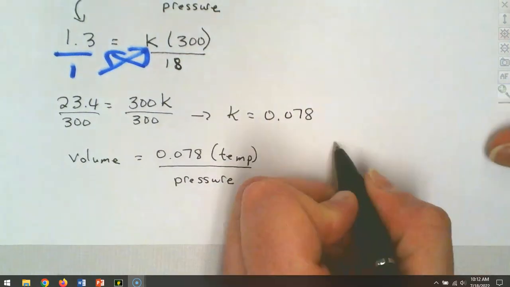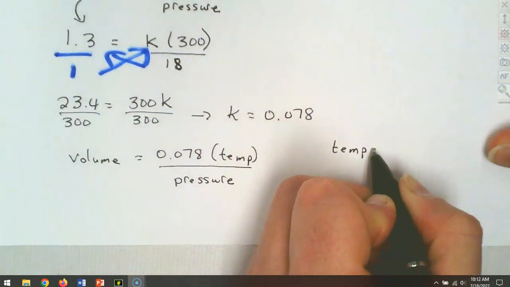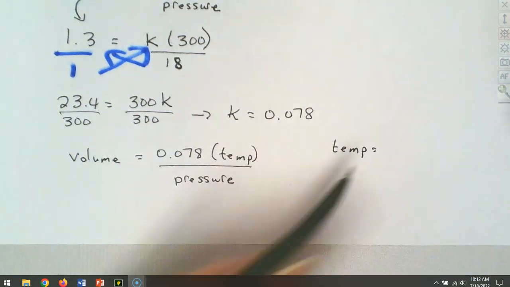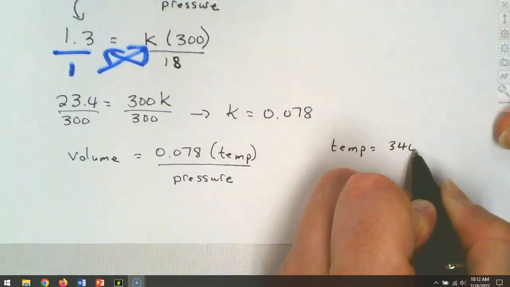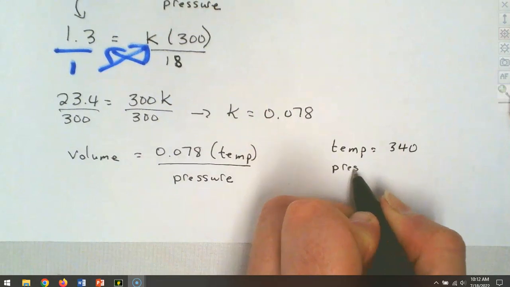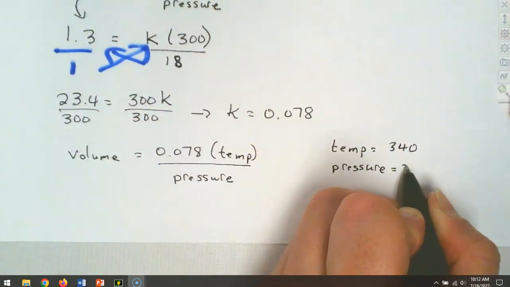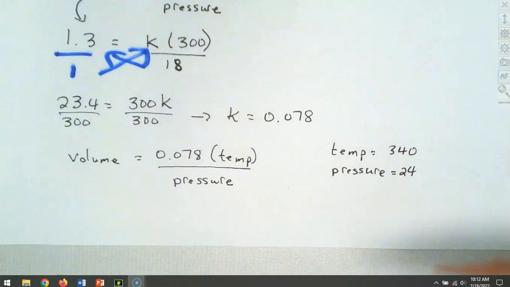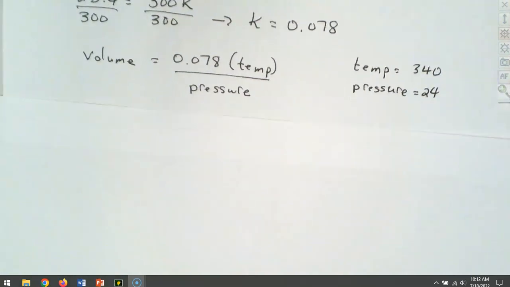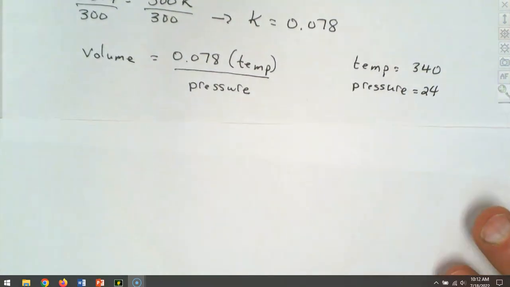So temperature in this case is 340 degrees Kelvin, so that goes there. Pressure of 24 newtons, it's 24 there. So we've got the temperature and we've got the pressure recorded. We can find the volume of that gas now. So we just plug our values in, calculate it out, and we're done.